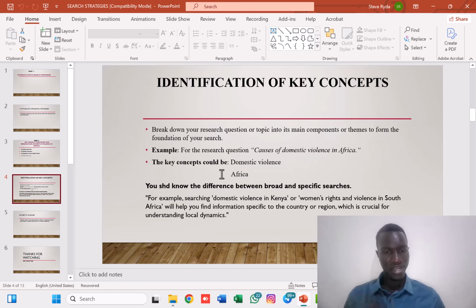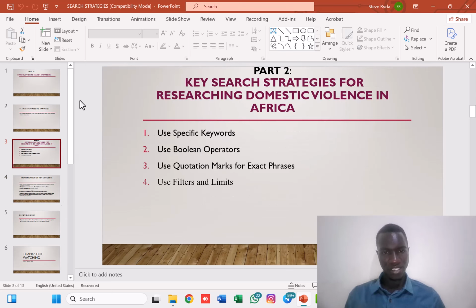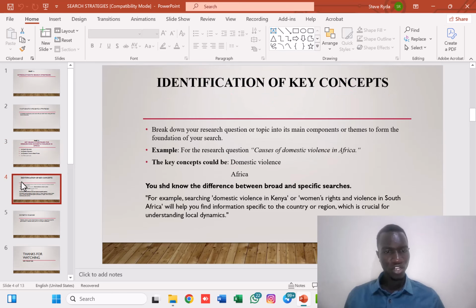So now we are breaking down the main components, like researching domestic violence in Africa, in order to come up with the key concepts to build a foundation for our research. For example, for the research question, the cause of domestic violence in Africa, the key concepts could be domestic violence and Africa.